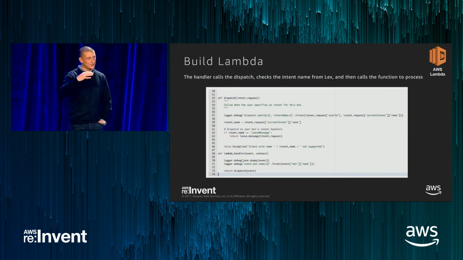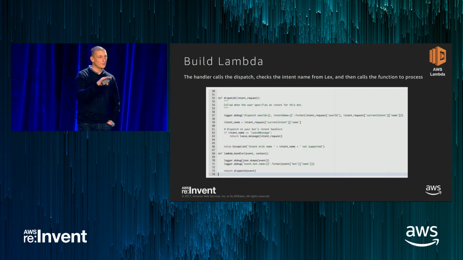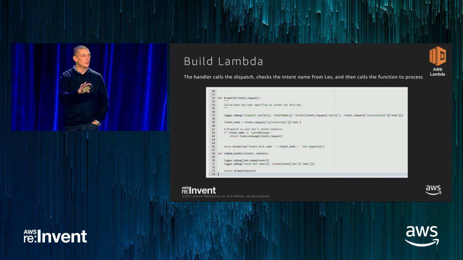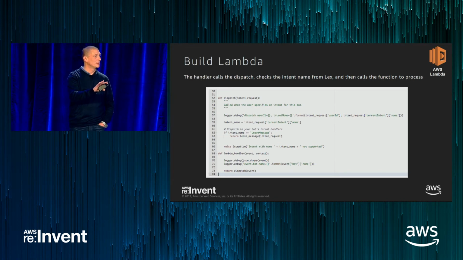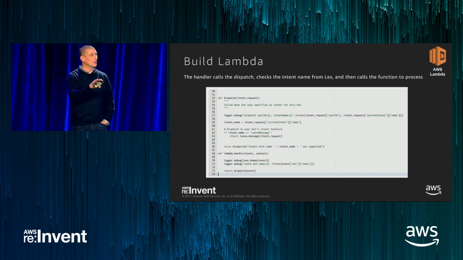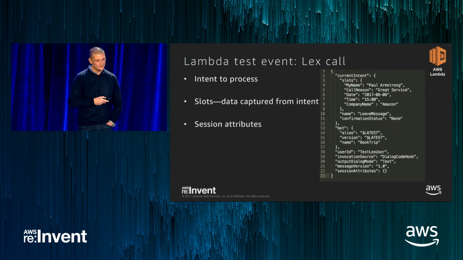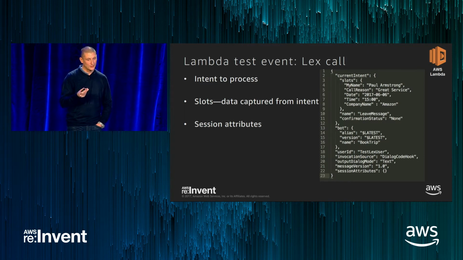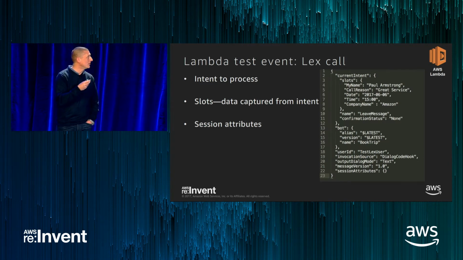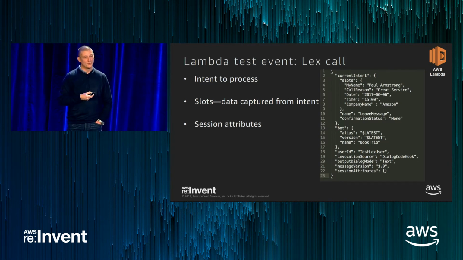Best practice is you have a handler to verify the intent that you're processing. Because everything's loosely coupled, when you call your Lambda event you will pass through the JSON. And within that JSON, you need to make sure you have a processor for the intent that's been sent through. You can see in your test code an example of the JSON that would come through from Lex.